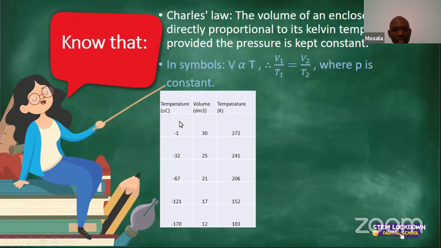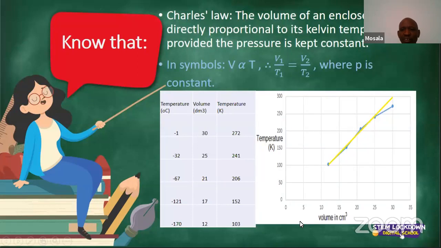So here you'll have -1 plus 273 will give you 272, and then -32 plus 273 will give you 241, and then -67 plus 273 will give you 206. So here you are converting it to Kelvin scale, and when you plot the graph of temperature versus volume, the yellow one indicates the shape that we should be getting, but with this data, this is what I came to.